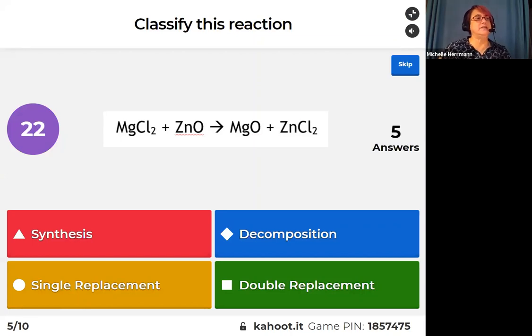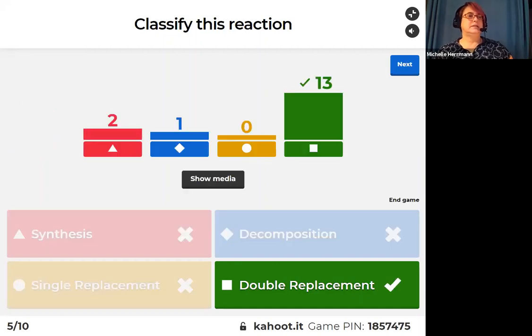So here I have magnesium chloride reacting with zinc oxide. And I end up with magnesium oxide and zinc chloride. All right, double replacement. You can kind of tell just because there's so much going on with it, right?